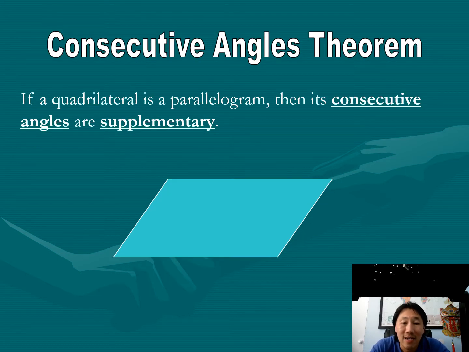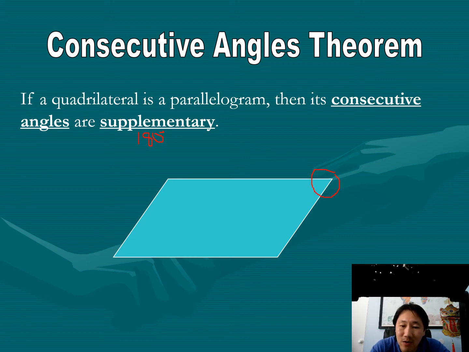All right, the next rule, consecutive angles theorem. If a quadrilateral is a parallelogram, then its consecutive angles are supplementary. First you have to remember that supplementary means they add up to 180 degrees. What has to add up to 180 degrees? Consecutive angles.